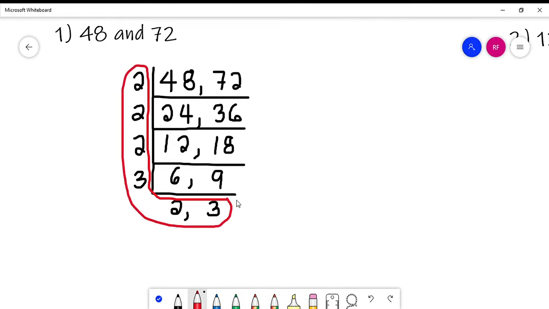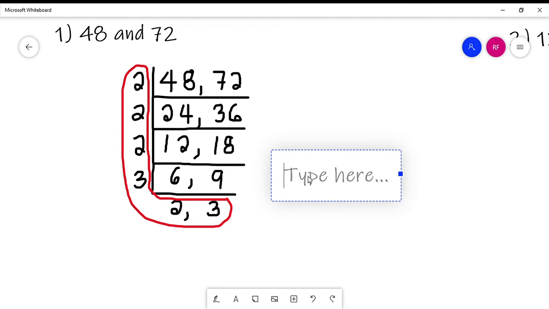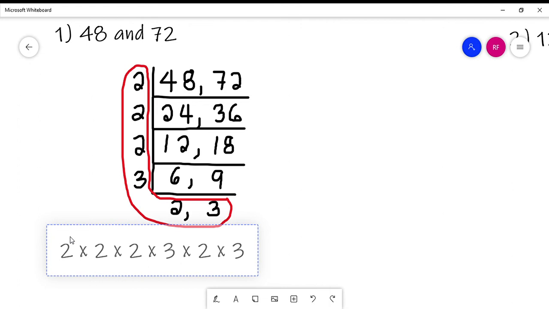Unlike in finding the GCF, where we don't include the last quotients, in this case we need to include them. So let me write here 2 times 2 times 2 times 3 times 2 times 3.